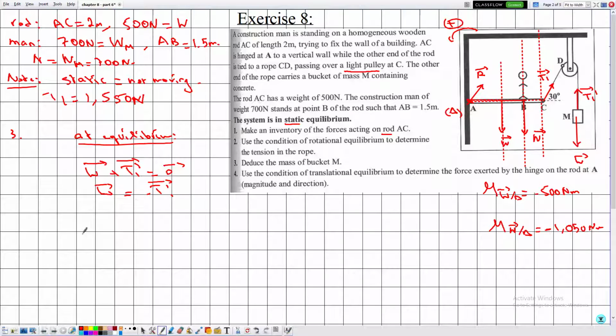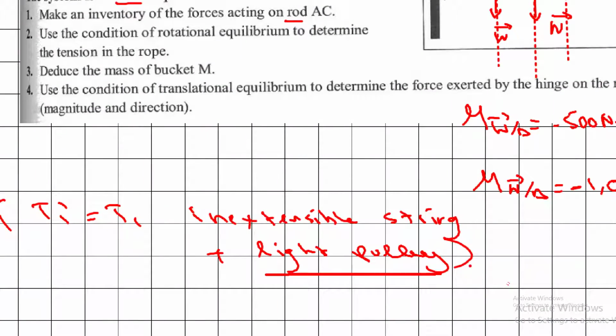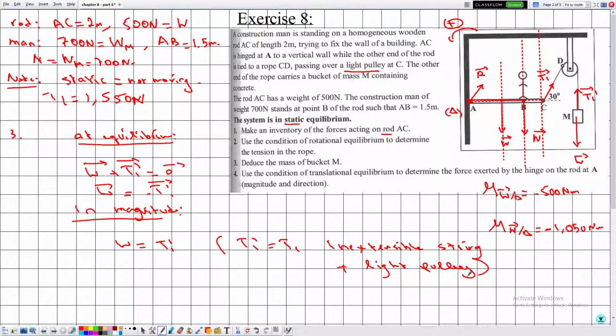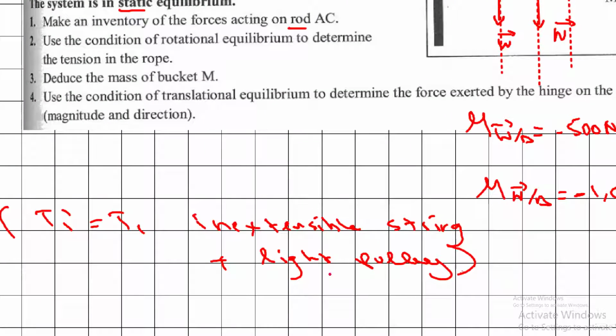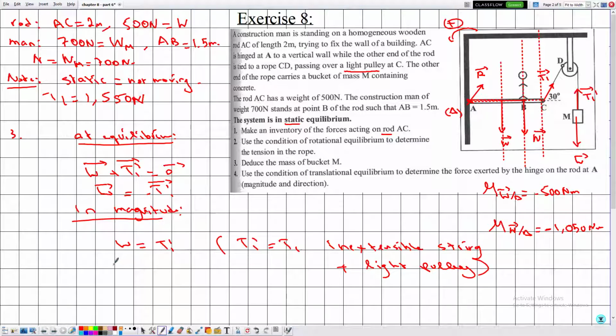So in magnitude, we have that the weight is equal to T1 prime, but T1 prime is equal to T1 because of the inextensible string plus light pulley. I didn't yet explain what is meant by light pulley, so it is massless. Later on I will clarify the importance of the statement.